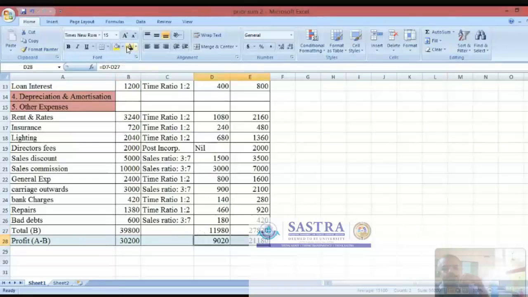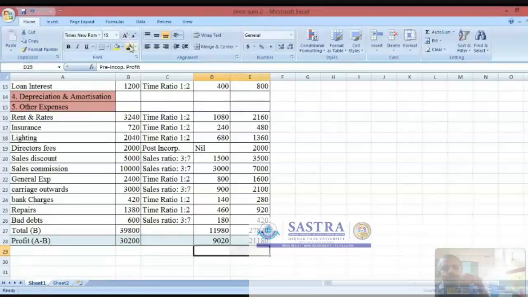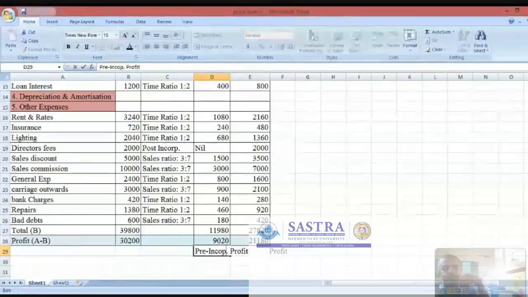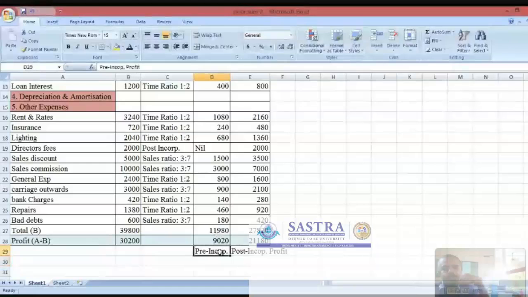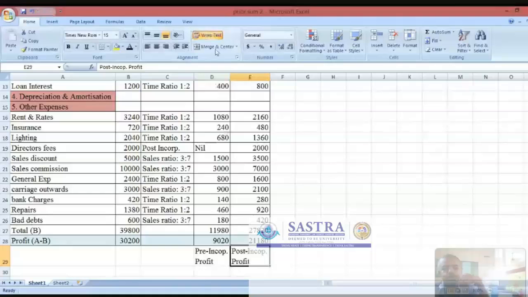A minus B: 9,020 is the pre incorporation profit, and 21,180 is the post incorporation profit.